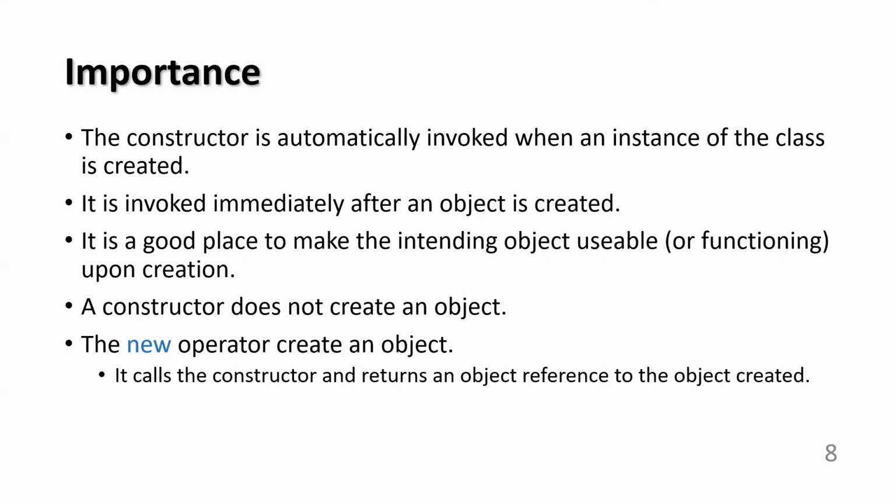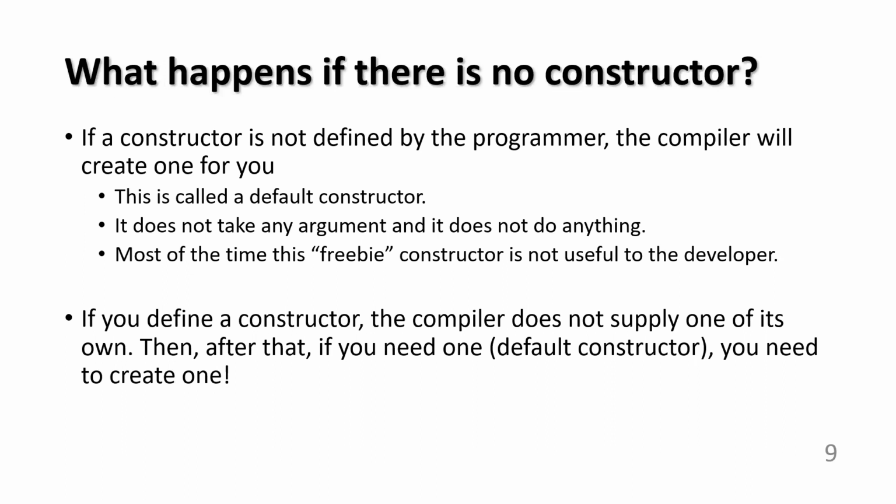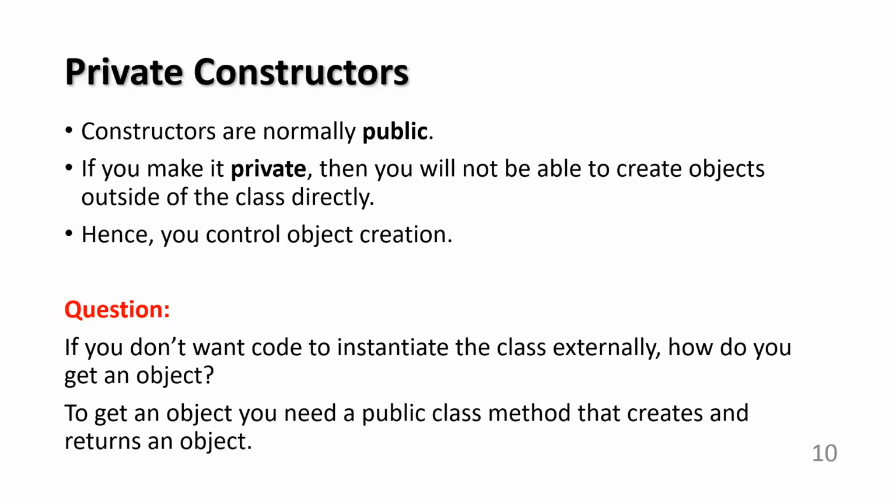New is the one who creates an object. The new operator creates an object, calls the constructor, and returns an object reference to the object created. Okay, just read them as well. But now the question is about private constructor. Do we have any, and why could it be important?